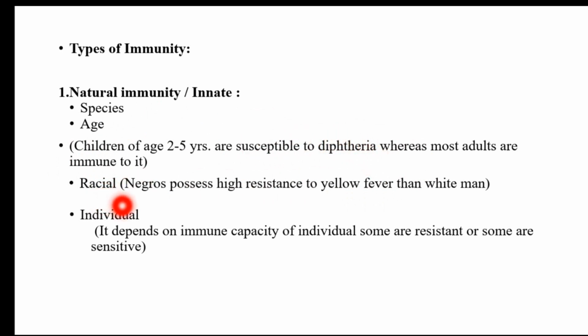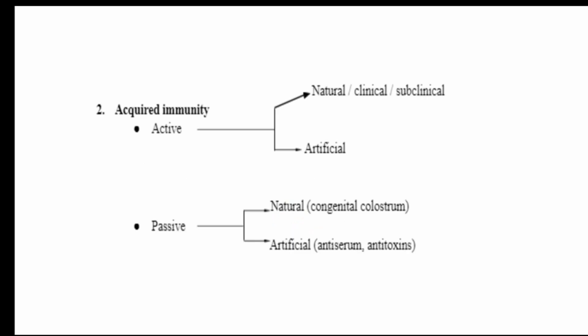If you talk about the racial factor, Negroes have higher resistance to yellow fever than the whites. If we talk about the individual factor, it depends upon the immune capacity of the individual. Some are resistant to infections and some are sensitive to infections. So these are the natural factors.